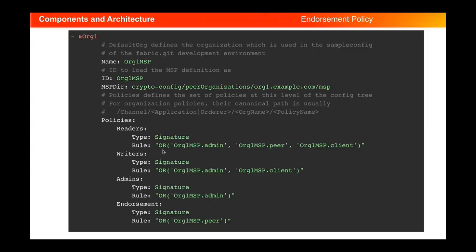As you have seen in the previous section, this requires either org1 MSP's peer, admin, or client. One signature is required for this rule to be satisfied, and it's the same for the other policies that we have mentioned here. We will look into each of these when we go to the practical section.